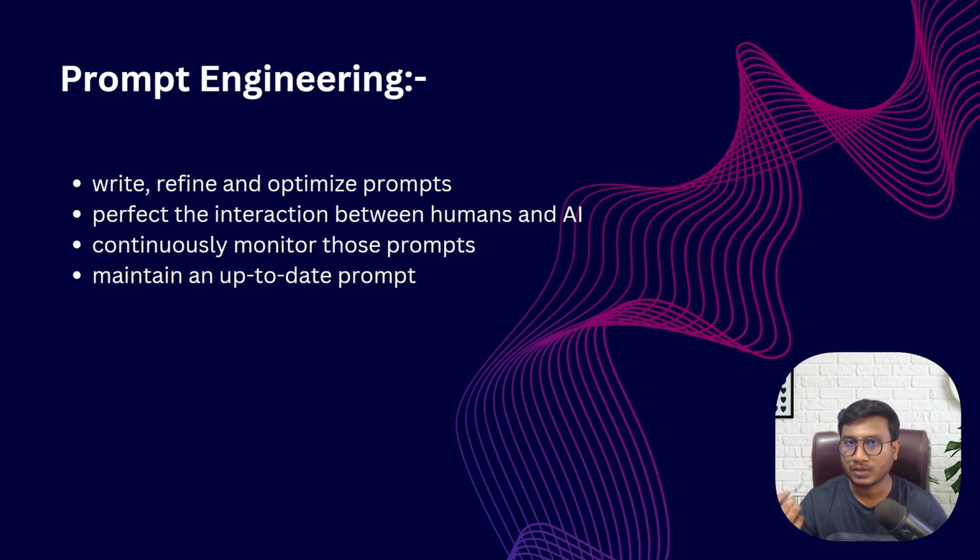Continuously monitor those prompts to check whether the prompt is perfect and whether there is any change in the model. Then maintain and keep the prompt up to date. That means if the model got updated, let's say they fine-tuned that particular model again, and the previous prompt is not working well, in that case you can maintain and update that prompt for that large language model. So these are the key responsibilities you should have as a generative AI engineer.